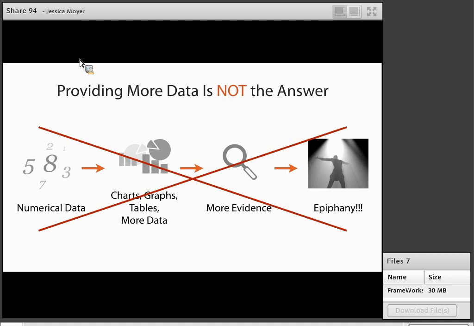And if we give our audiences all of the hard evidence that we have and that they need, they'll eventually get it. They'll come to an epiphany and see the issue the way that is so clear to us. But that's not how data works. That's not how numbers work.